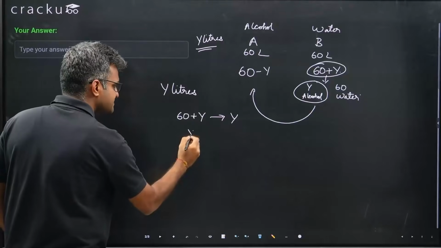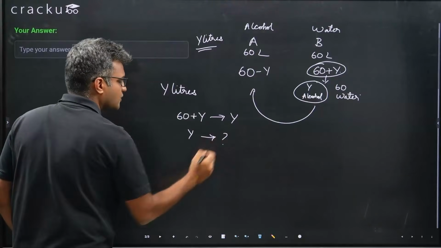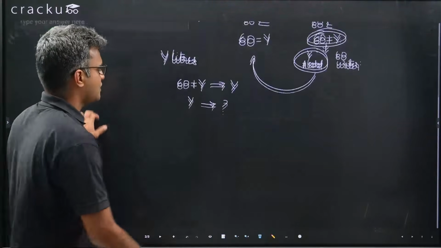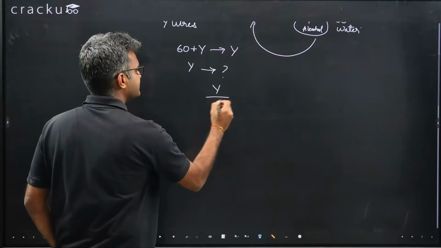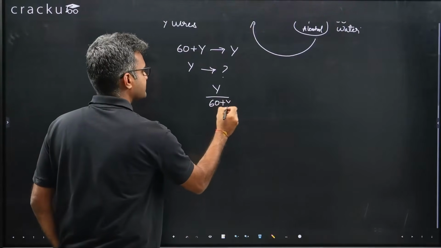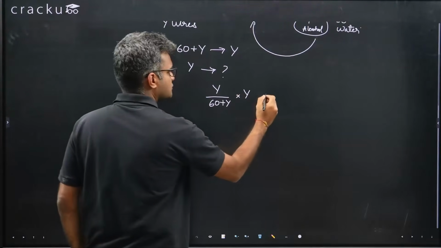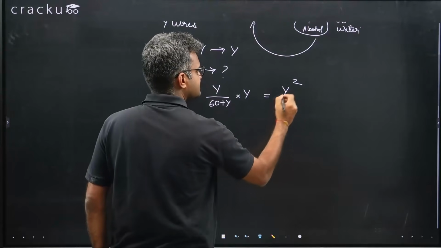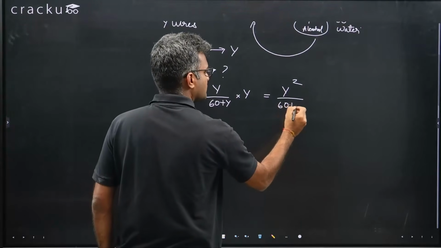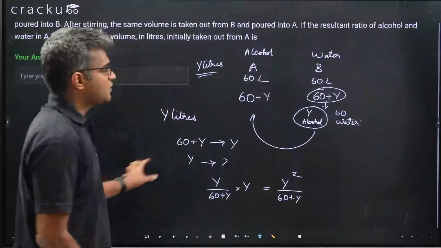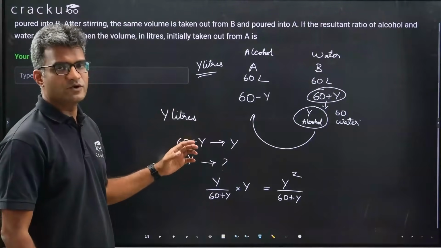Now if Y liters are being taken out, the amount of alcohol in it will be Y divided by 60 plus Y, into Y. So the amount of alcohol is Y square divided by 60 plus Y. This is the amount of alcohol that is being brought back from B to A.